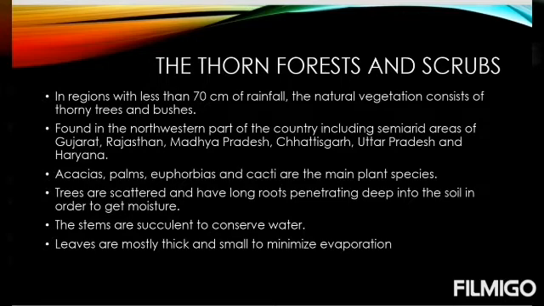Acacia and palms are the main plant species. Trees are scattered and have long roots penetrating deep into the soil to get moisture. The stems are succulent to conserve water. Leaves are mostly thick and small to minimize evaporation.